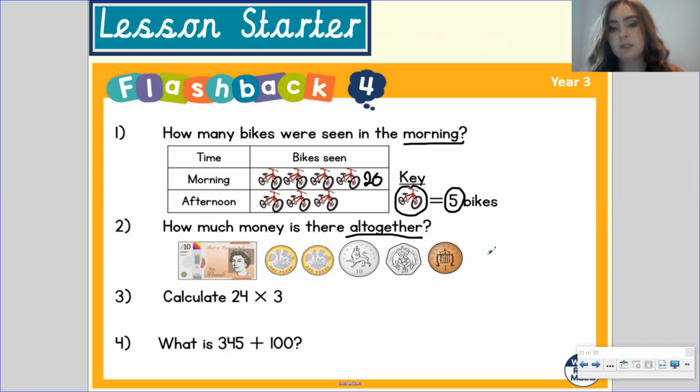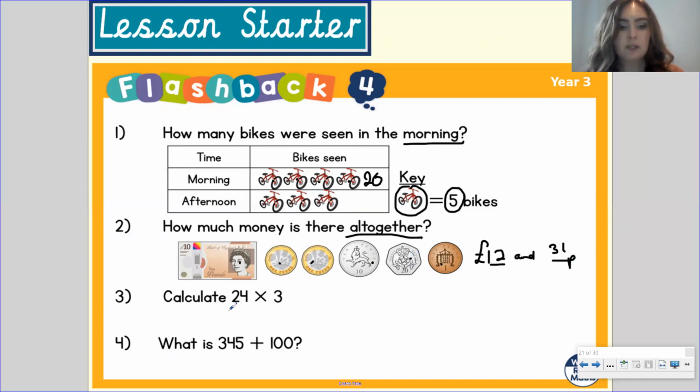And what we'll do is start by adding the pounds together first, and then we'll do the pence. So let's have a look at the pounds. £10, add £1, add £1, gives us £12. And then 10 pence, add 20 pence, add 1 pence, gives us 31 pence. So it's £12 and 31 pence.